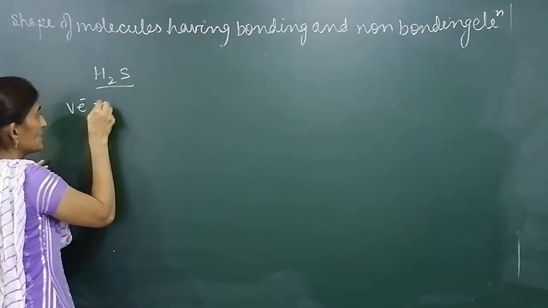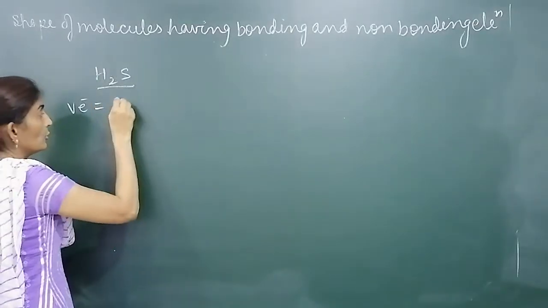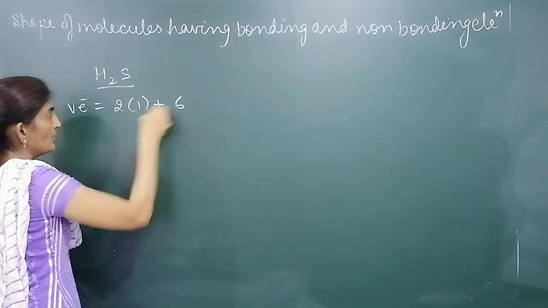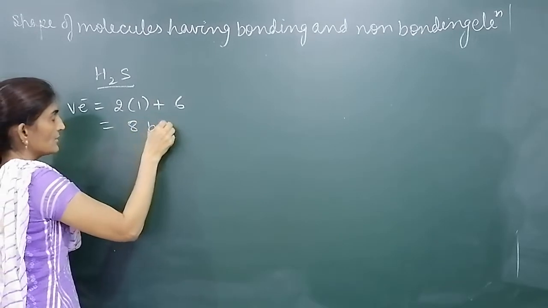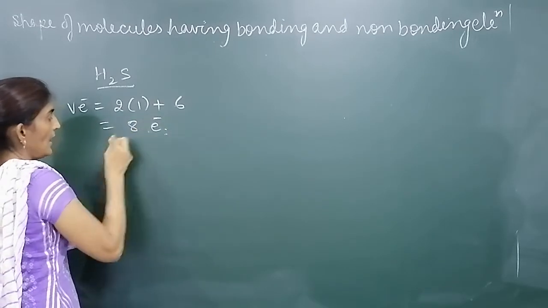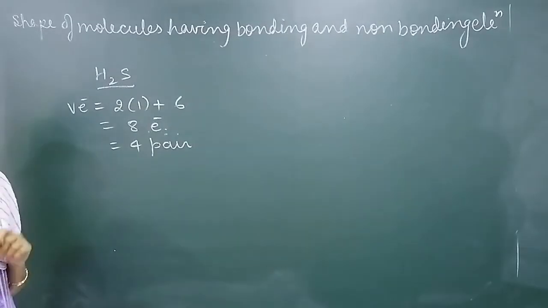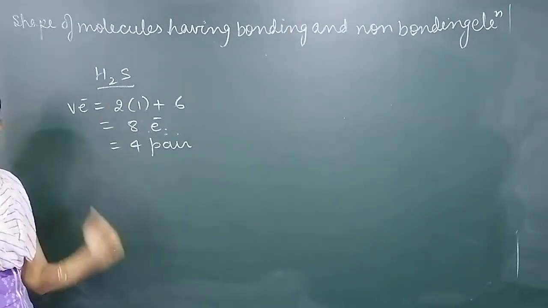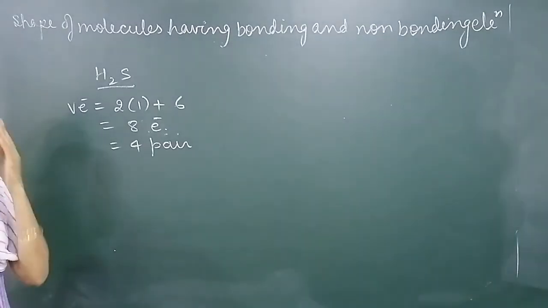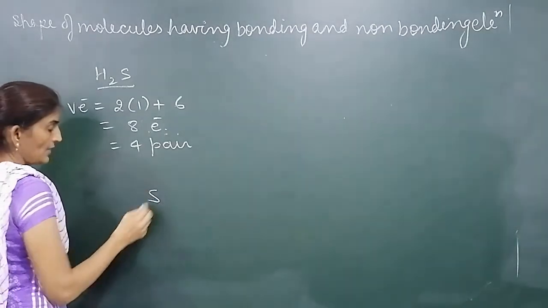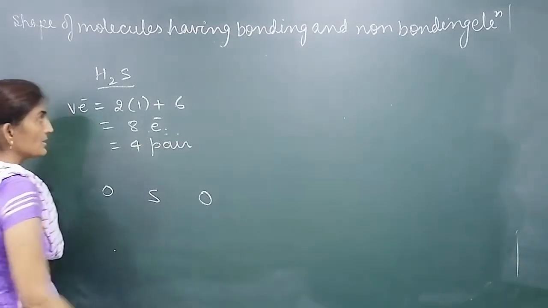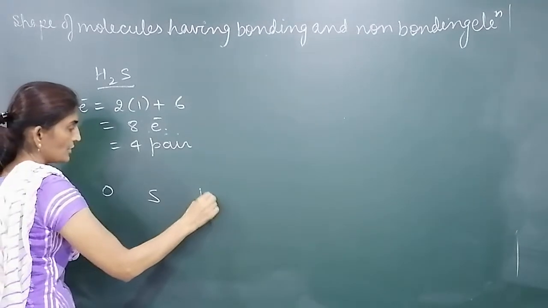First draw its Lewis dot structure. 2 into 1 valence electron, sulfur 6, so total 8 electrons, and how many pairs? 4 pairs of electrons. Okay, total valence electrons 8. Now we have to draw the skeletal structure, sulfur, hydrogen and hydrogen.